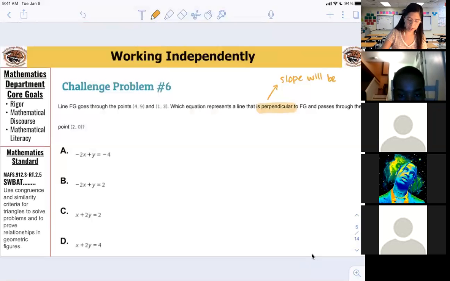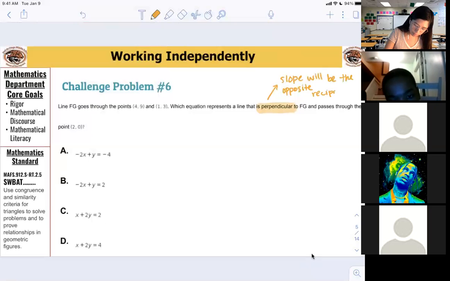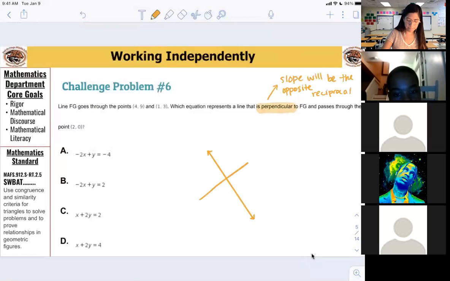What do perpendicular lines look like? Isn't it going to be like the reciprocal? Opposite reciprocal. Remember, perpendicular lines, what type of angle do they create?